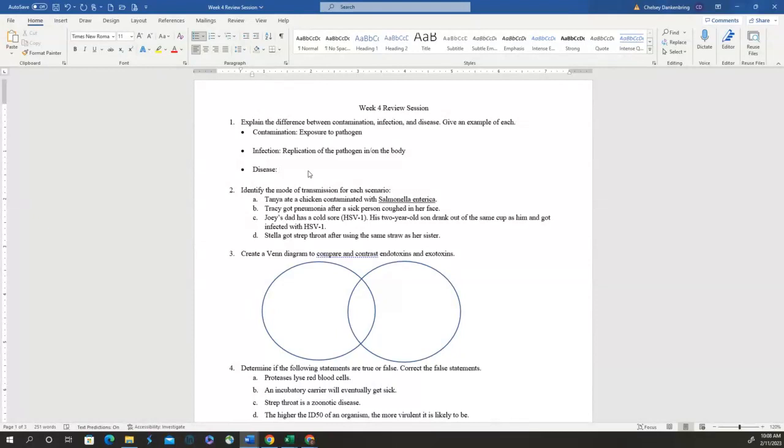And disease is when it is successfully making you sick. I'm going to put sick, but basically it means there's a change from what is considered normal. And don't worry, I'll give an example to help make these make sense.